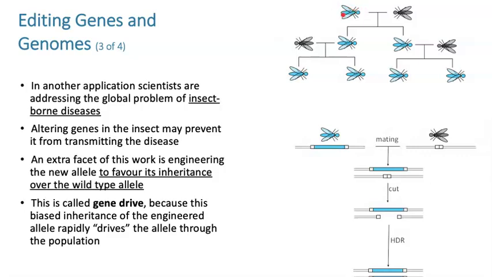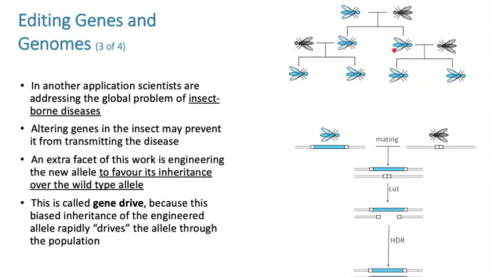So the blue insects are ones that have had their genome altered so that they cannot transmit. They've also been inserted with a gene drive. So if our blue insect mates with the black insect, the gene drive makes all the offspring of that mating have both the inability to transmit the disease and the gene drive.